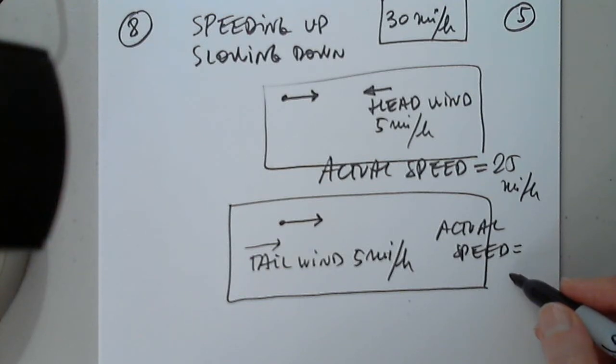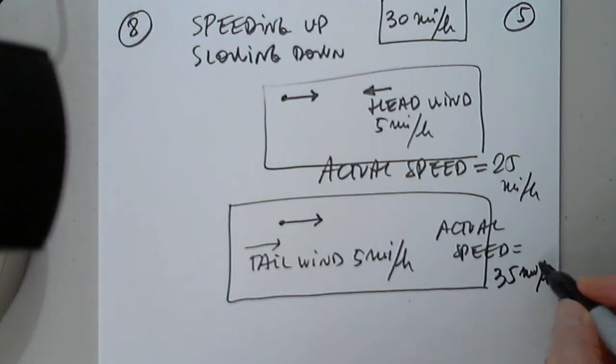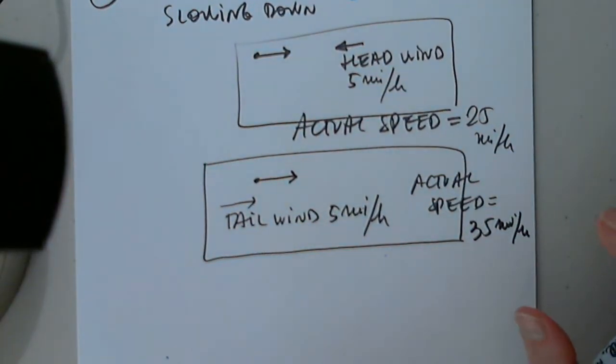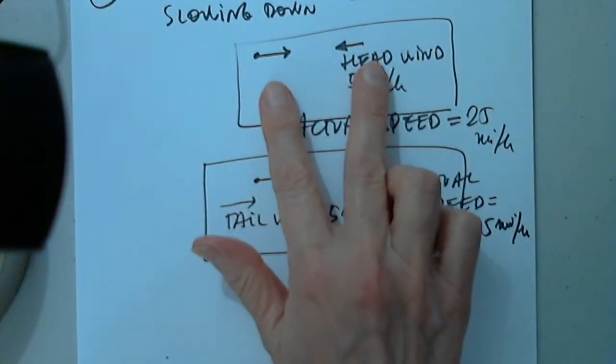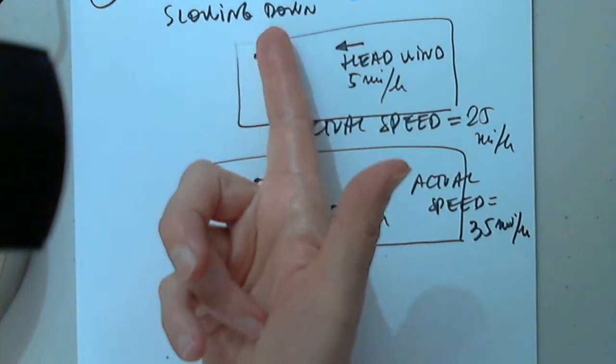Anyone? Someone said 35 miles per hour. Oh, I didn't hear. I did get a warning about my internet for a second. Okay, perfect. Excellent. So, in other words, if 2 forces work against each other, the particle will be slowing down.